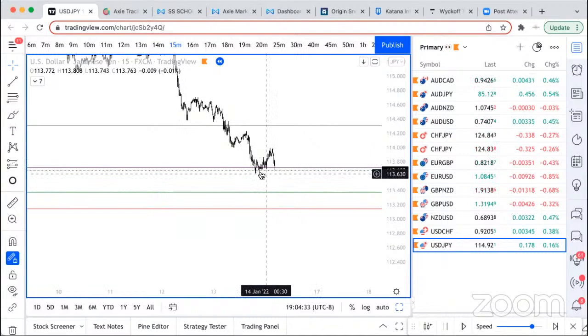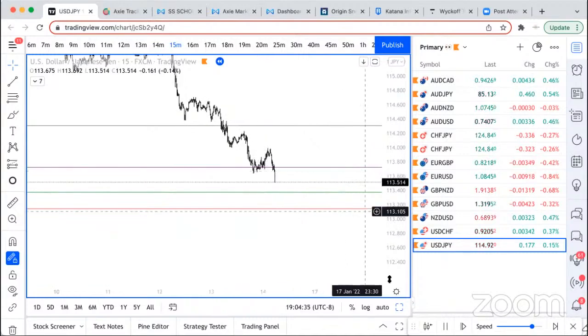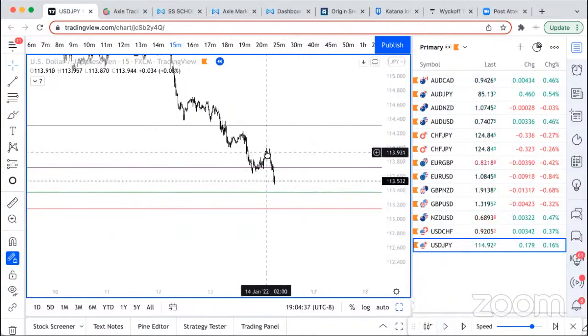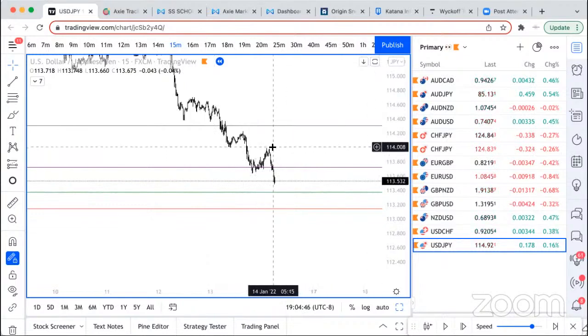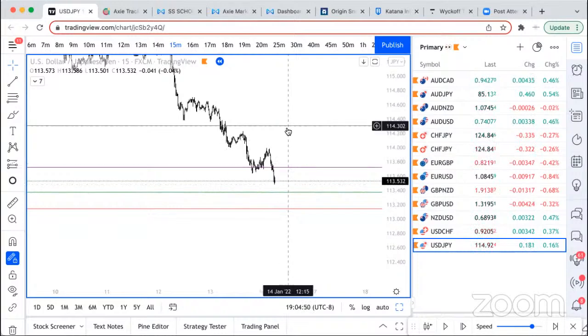I'm just really waiting to see if the schematic builds, which as of right now, price giving us this little trading range, we could say that this is a possible schematic. So now what I would do is place my alert right above here, and that would just let me know we're getting the confirmation of the spring, right?